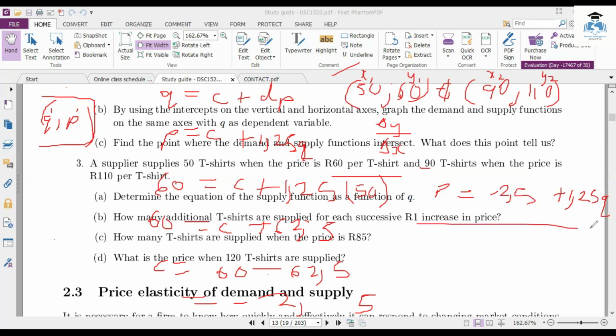So this is the equation that they wanted you to provide.